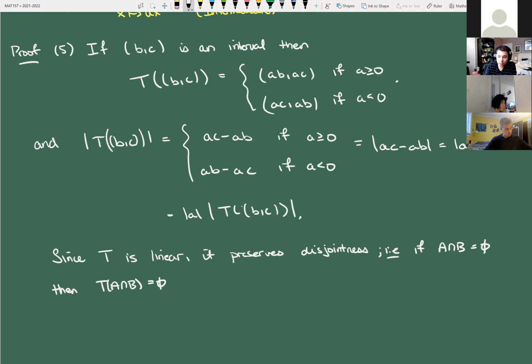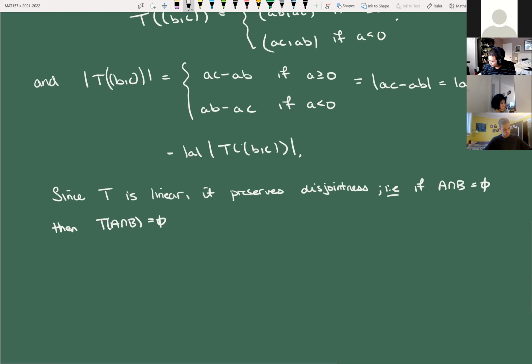Because the only thing it can do is scale. And if the only thing it can do is scale things, then if you started disjoint, you have to end up disjoint. Again, you can prove this formally if you want, or you can just take my word for it. This is not true of arbitrary functions. Arbitrary functions can definitely map disjoint sets to non-disjoint sets, but because this map is linear, it can't violate disjointness. Again, all it does is scale, right?